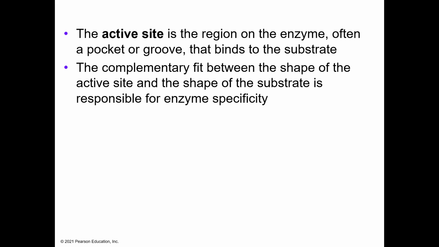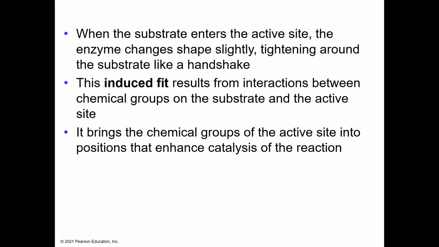Now, the region of the enzyme where substrates can attach is called the active site. The active site is often a pocket or groove that binds to the substrate, and it has what we call a complementary fit between the shape of the active site and the shape of the substrate. They go hand in hand, like putting your hand in a glove.